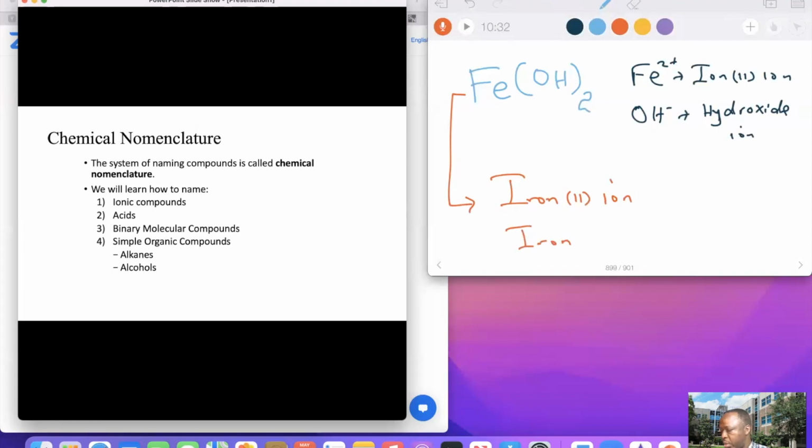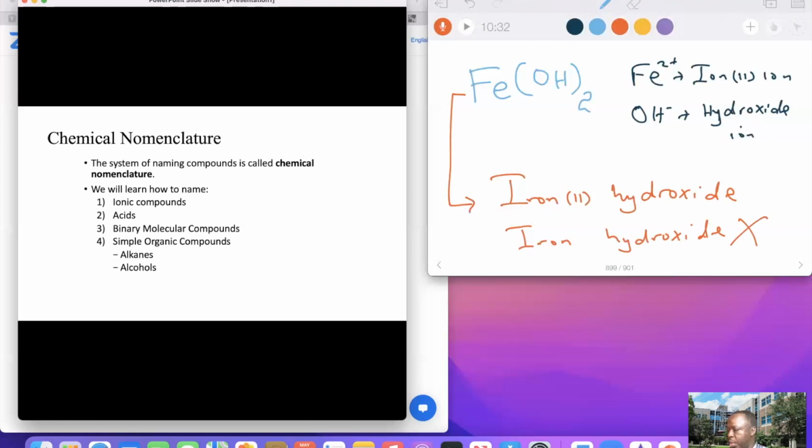This is iron(II) hydroxide. Students say iron hydroxide because it is more tempting to say. This is wrong because you didn't indicate the charge on the cation. You need to indicate that.